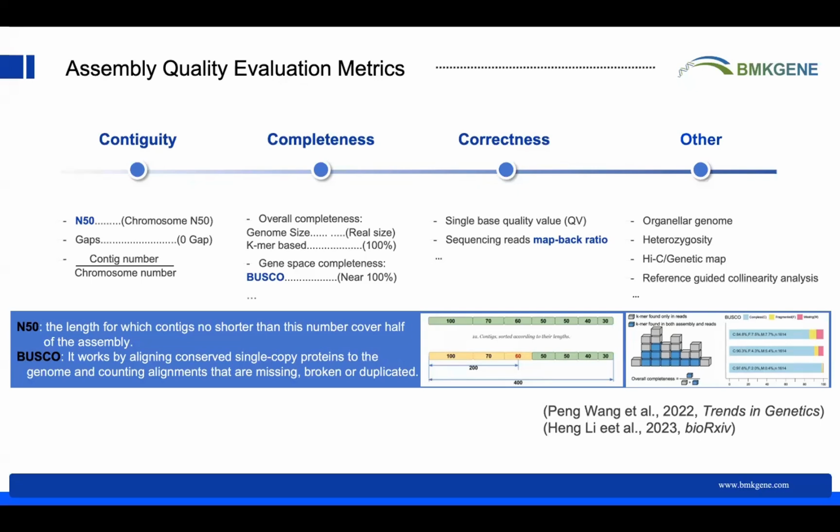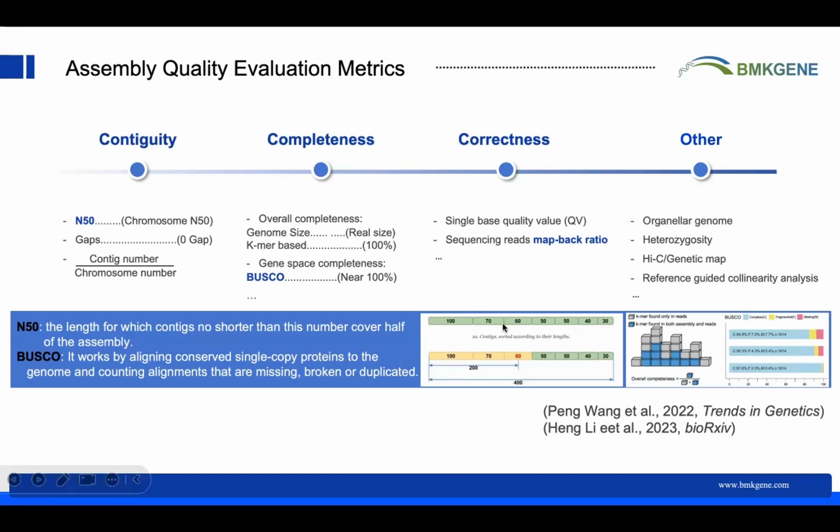For the continuity part, the most used one is the N50 value. The N50 value is the length for which contigs no shorter than this number cover half of the assembly. After the assembly, we order the contigs by length from longer to shorter.